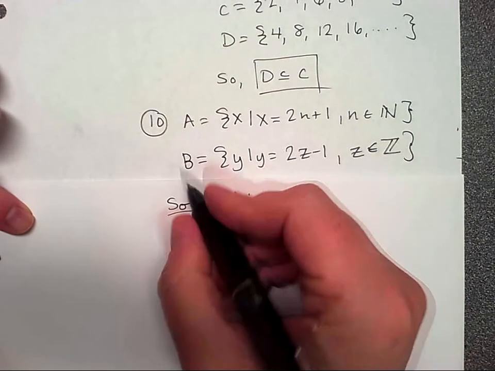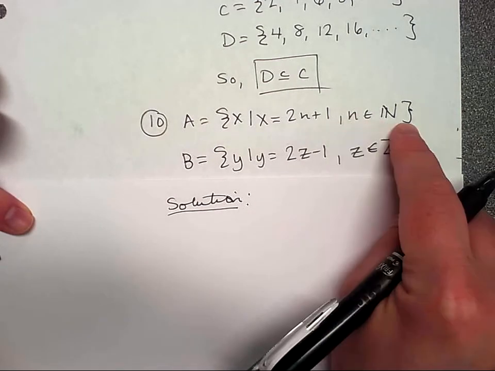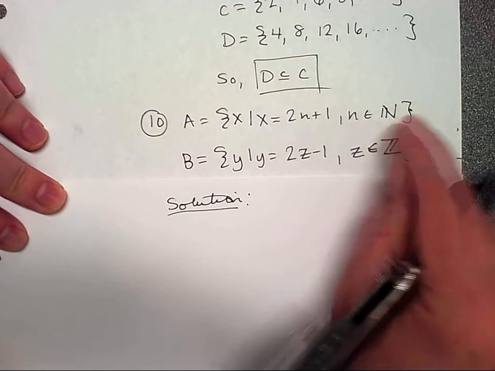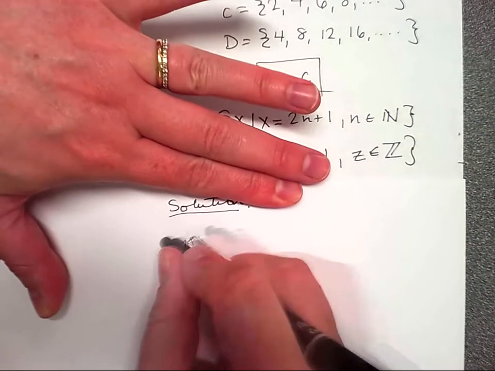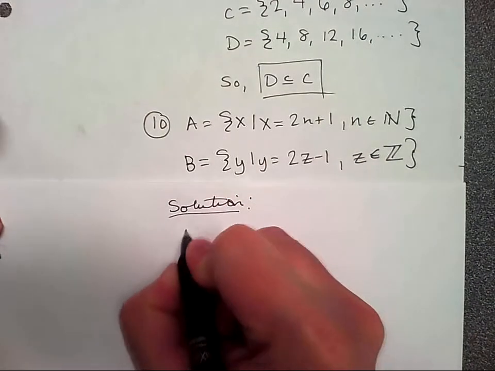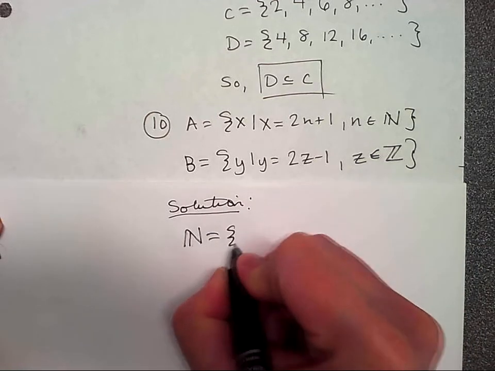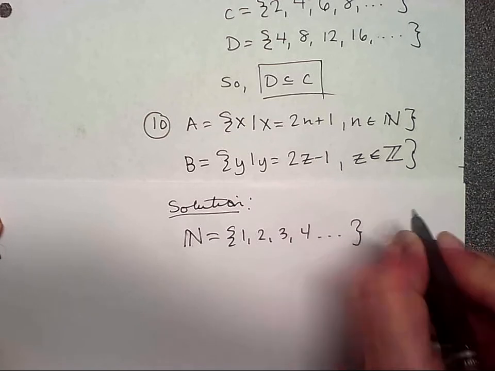Okay, so for A, what's my base set I'm going from? It's the natural numbers, right? n is in the natural numbers. So let's write out the natural numbers to see if I can plug those in and see what I get.